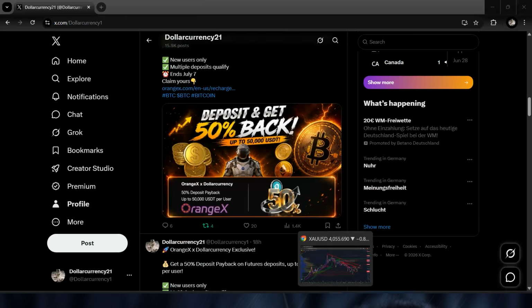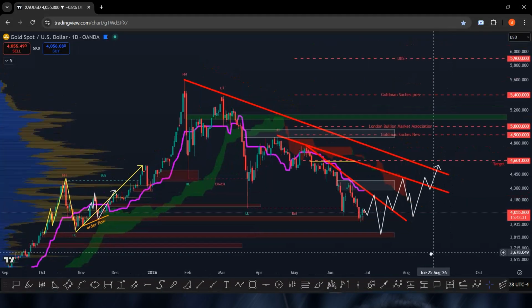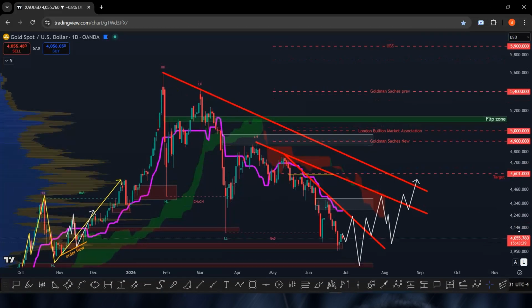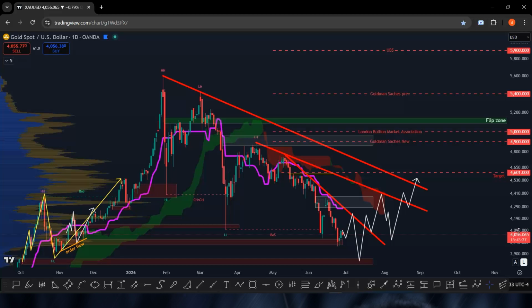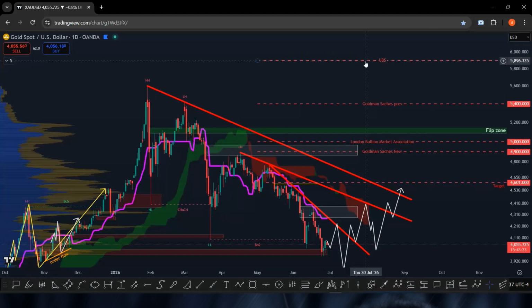Let's jump into the chart. So in the gold chart, UBS predicted that in 2026 the price of gold is around 5,900.